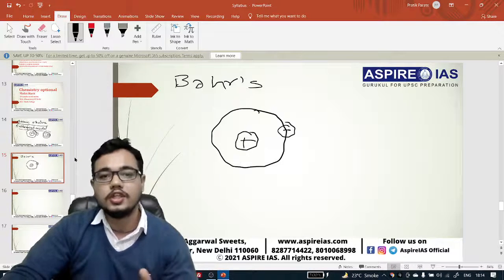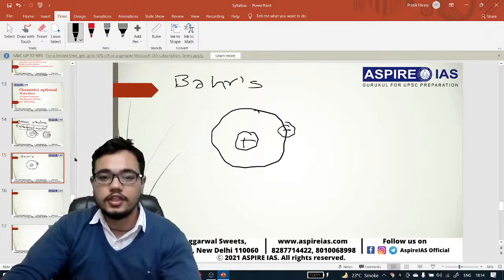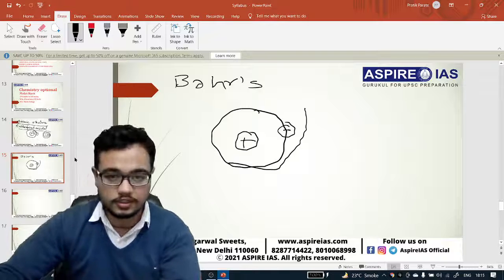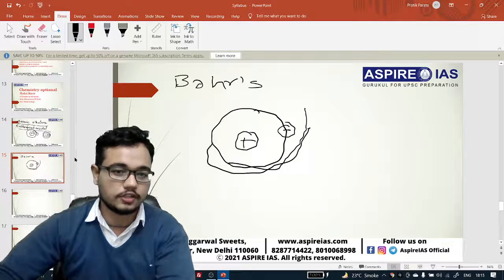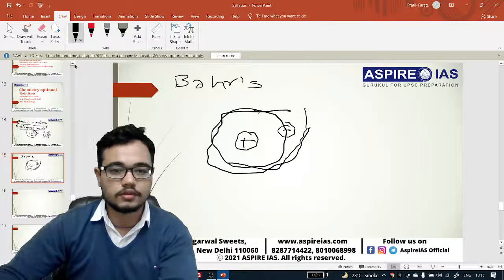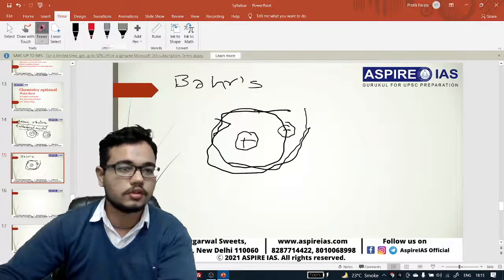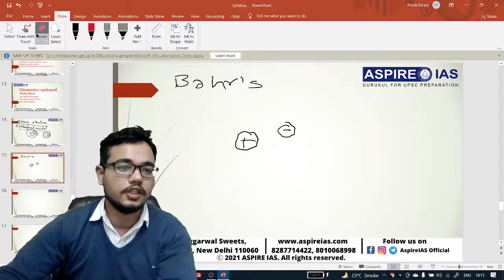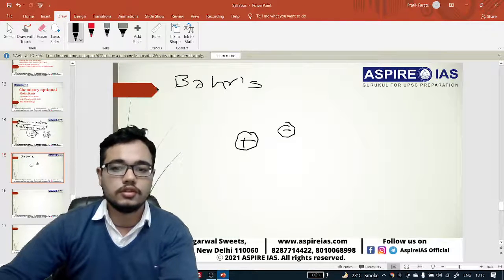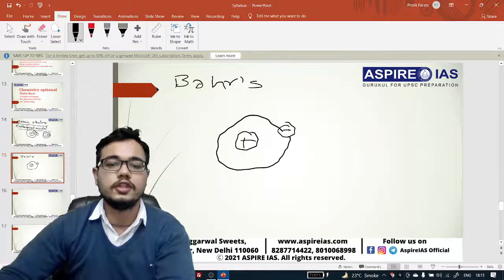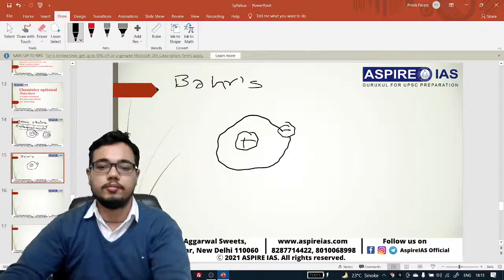Additionally, an electron will gain or lose energy only when it changes its energy level. So the energy levels are fixed, and once the electron gains or loses energy, it will change its orbit. So the problem that was with Rutherford will not happen.